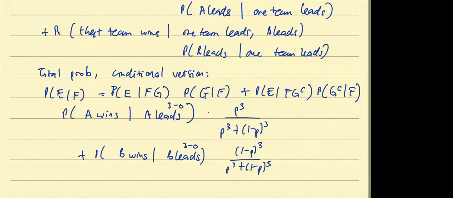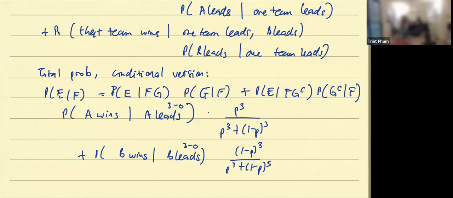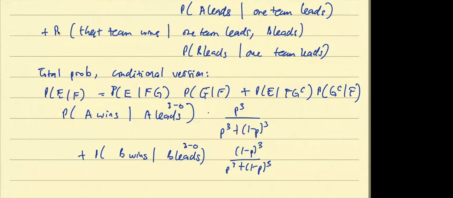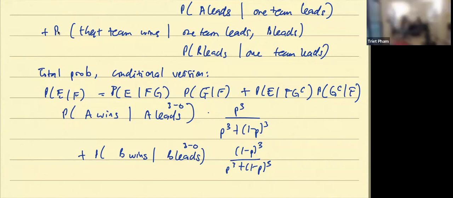P to the fourth? Nope. Wrong. Oh, P to the fourth is the probability A wins all 4 games remaining. Yeah. But we know that A already led 3-0. Is it true that A has to win all four of the remaining games to win the series?